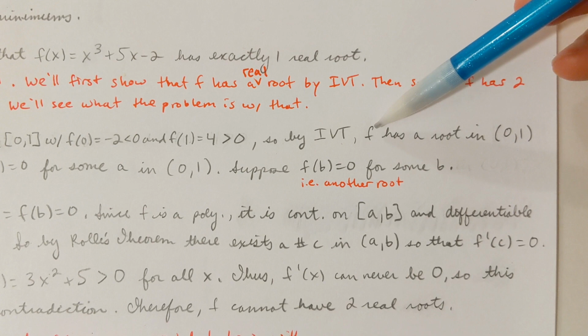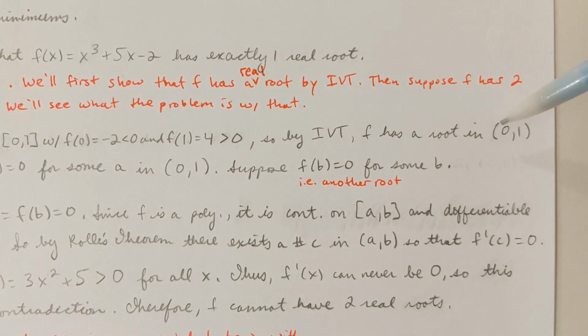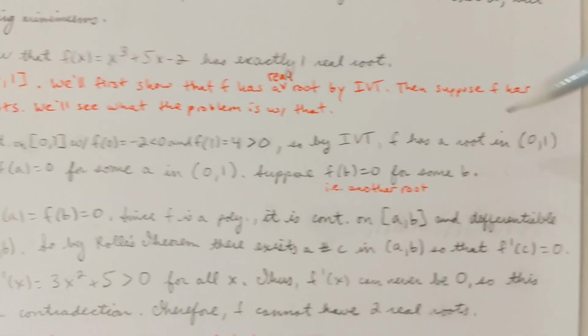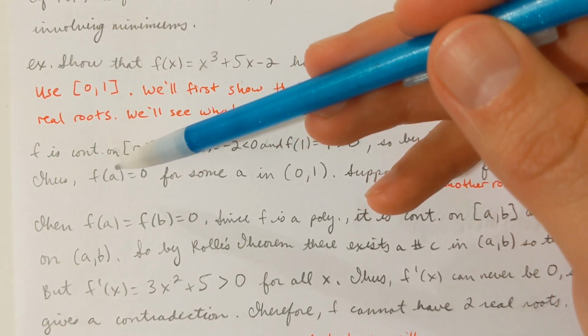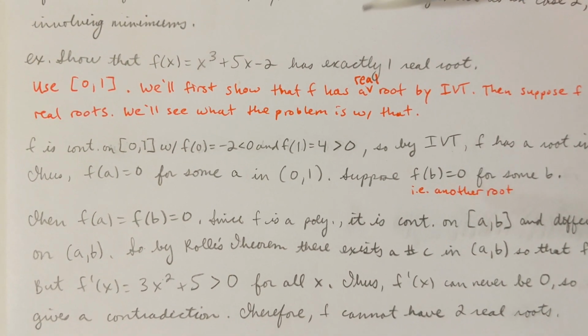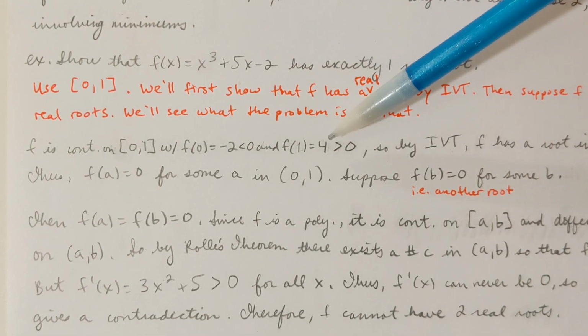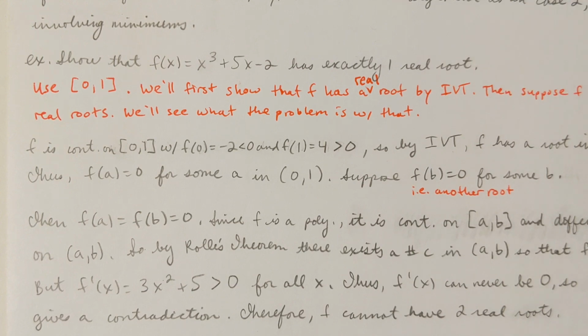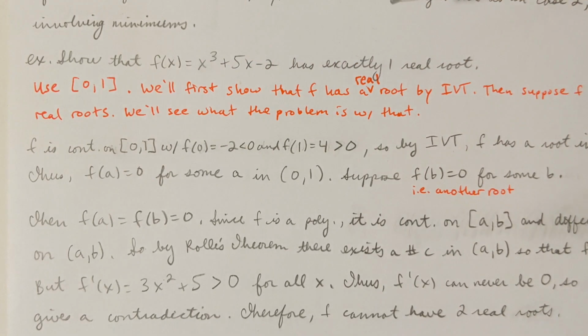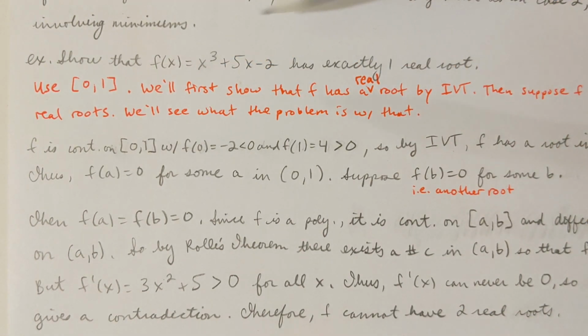So in this case, by the intermediate value theorem, f has a root between these two numbers, 0 and 1, where f of A equals 0 for some A value. In other words, because one of the output values was negative and the other was positive, at some point you're going to have to cross the x-axis. At some point there's going to be a number that would return 0. Now, A would be a root of f.